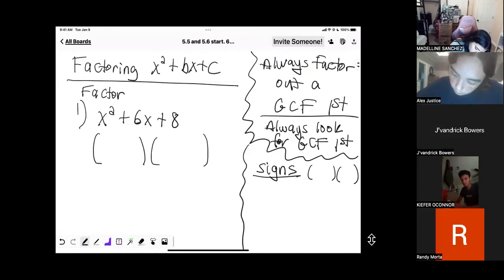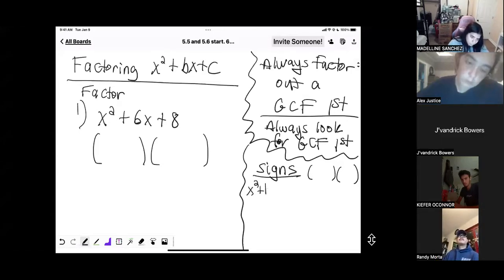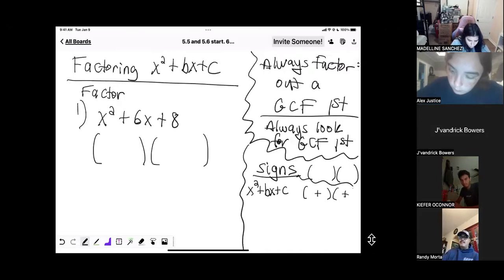So let's say I have a polynomial, a trinomial that has a plus and plus. When I factor, I'm going to factor with a plus and a plus. So actually, let me put it in color so it stands out a little bit. If I have a plus and a plus in my trinomial, when I factor, it's a plus and plus.